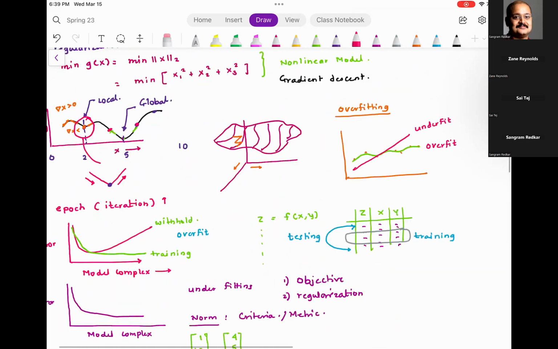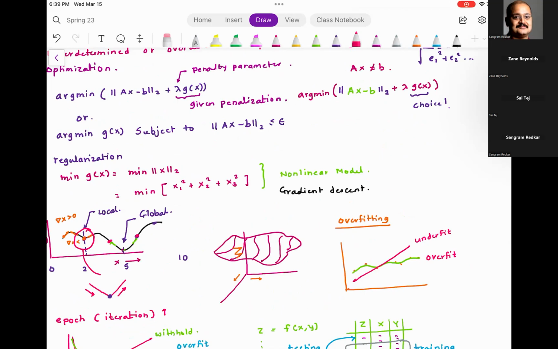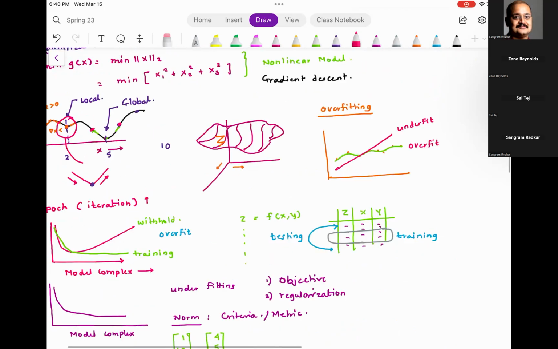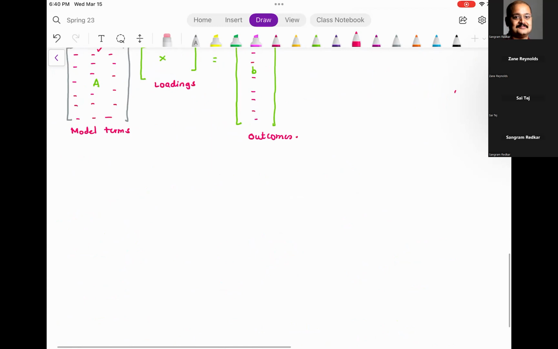You can define which optimization condition you want to use. What is the objective function? If I were to say my objective function is to minimize the norm of Ax minus B, which is the L2 norm, plus some type of regularization. So now let me write this down.